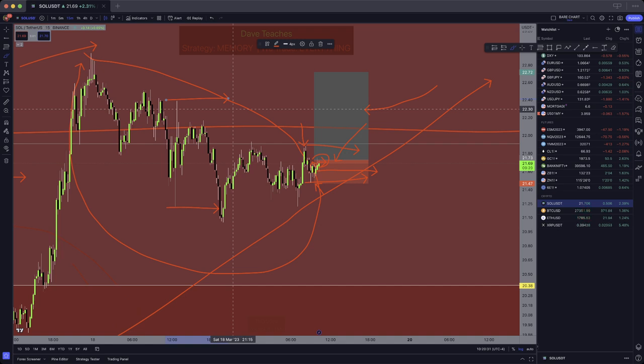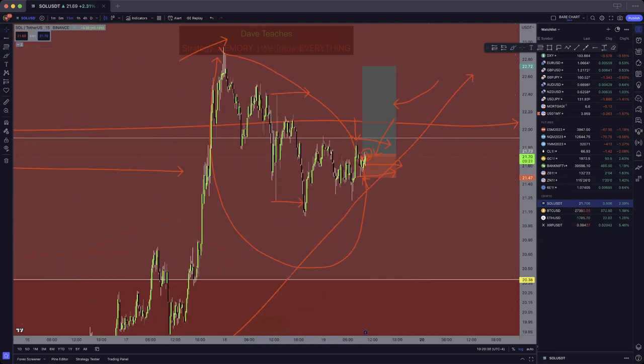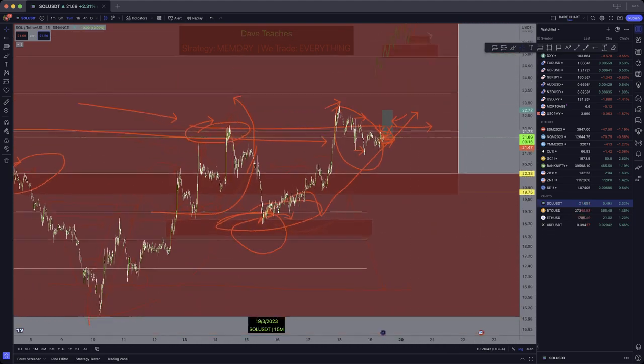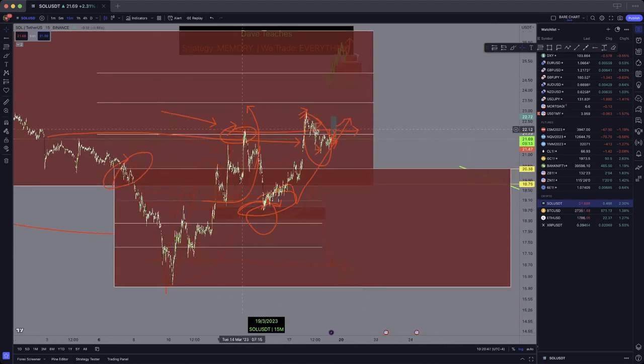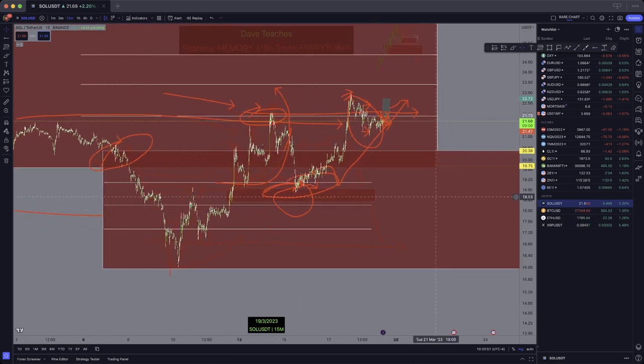So, I guess that's the basics of structure, is knowing that we have these highs and lows present and pairing all the different things that we've learned through application. You could remember what I said in advanced market structure.